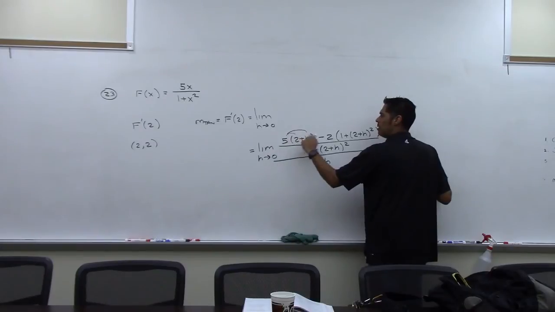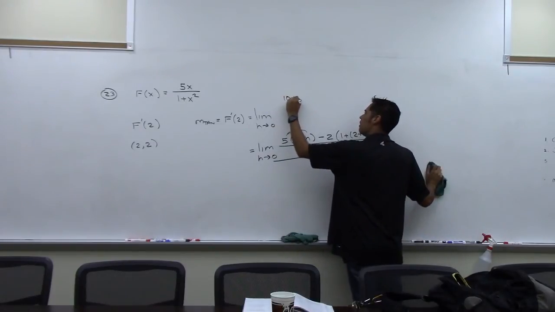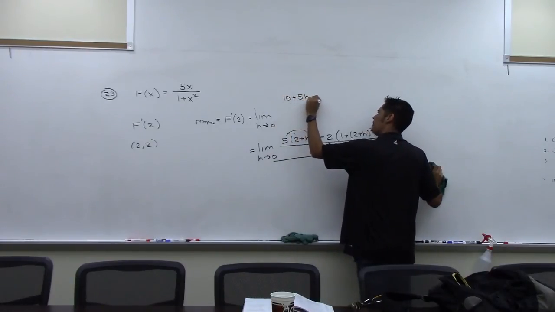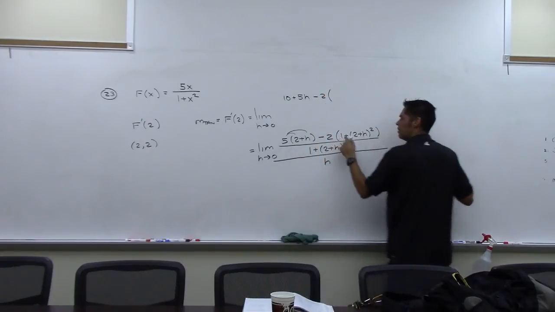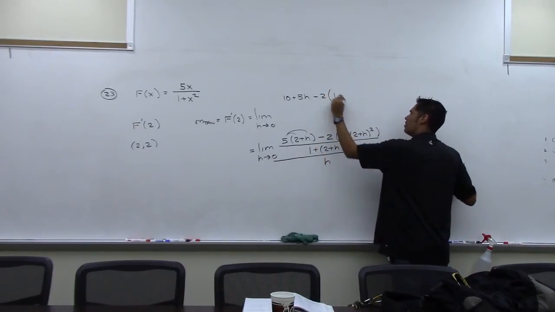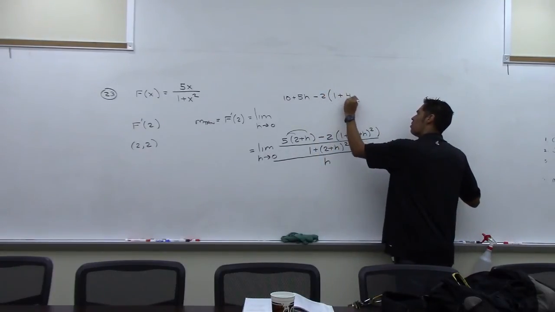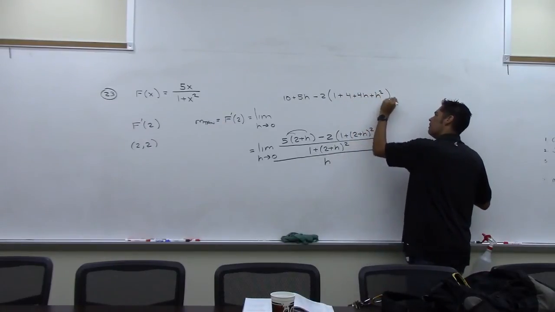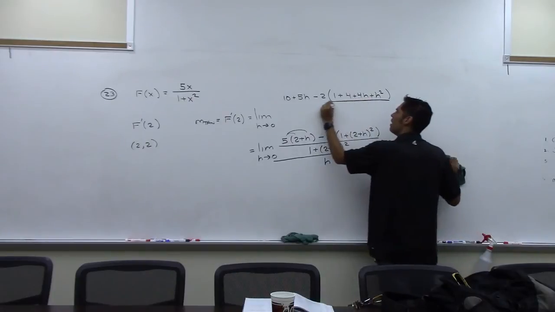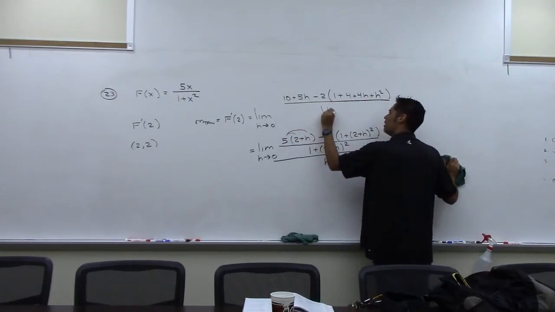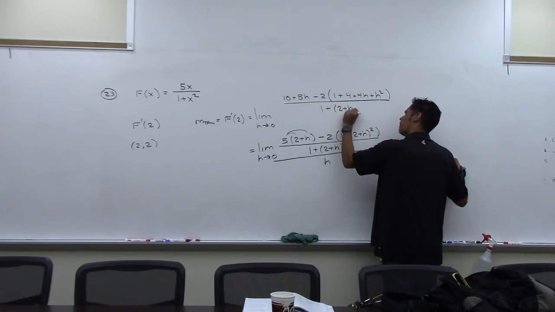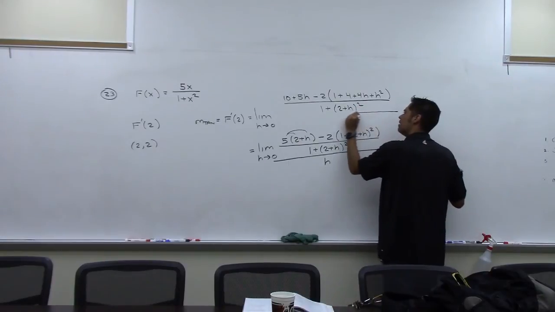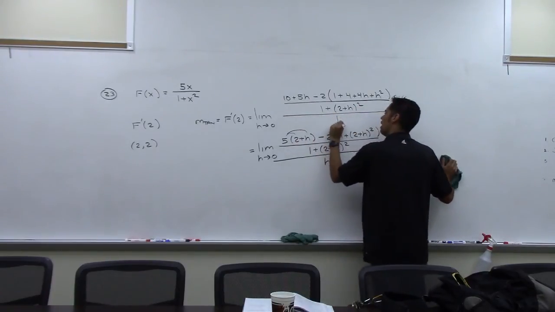So we get 10 plus 5h minus 2, and I'm gonna do this first. 1 plus, when I square this, I should get 4 plus 4h plus h squared. Then all of this divided by my common denominator. Then all of that divided by h.